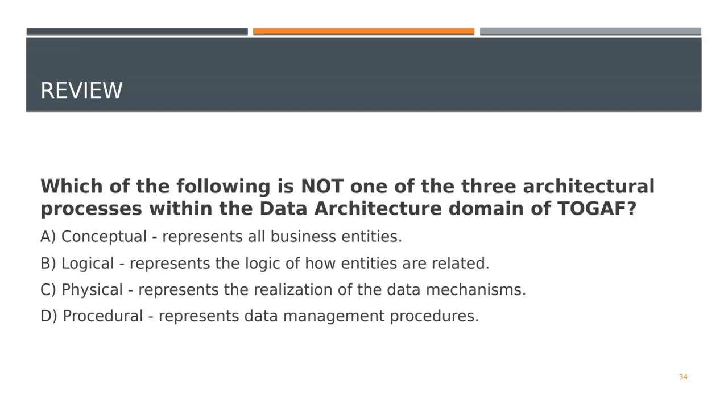Which of the following is not one of the three architectural processes within the data architecture domain? Yeah, conceptual is there, logical is there, physical is there, procedural is not really. Correct.